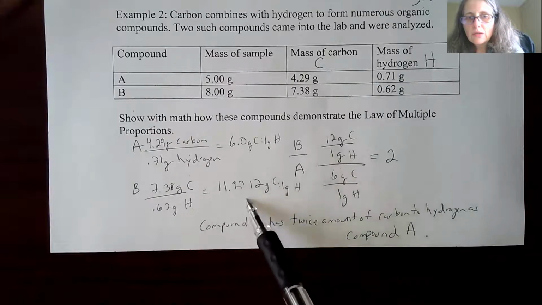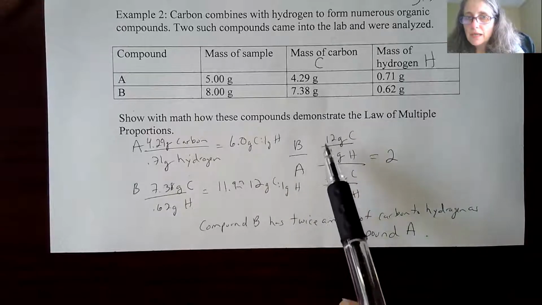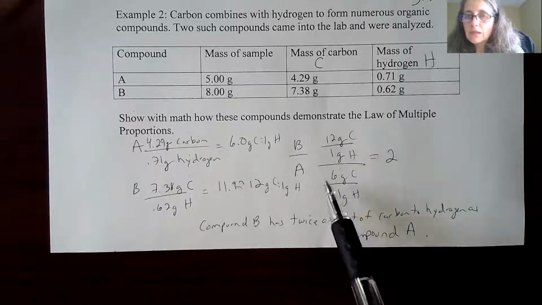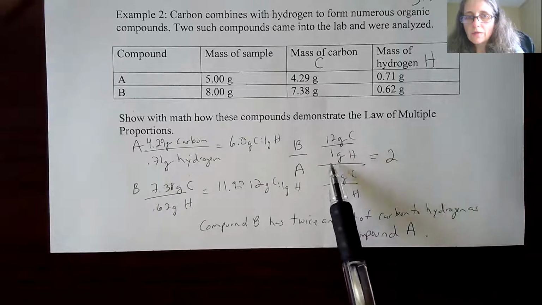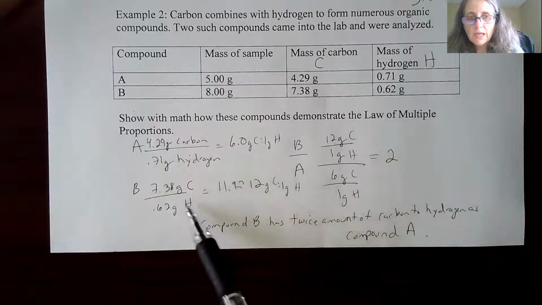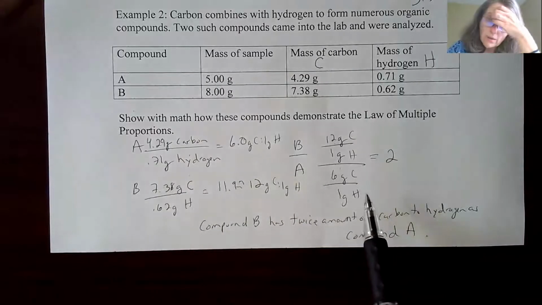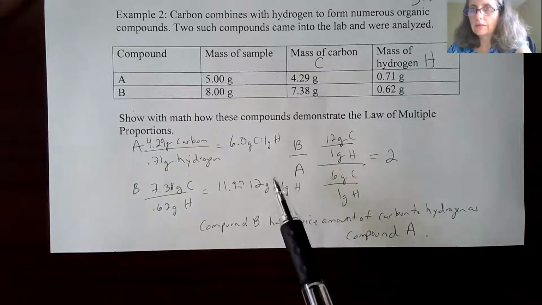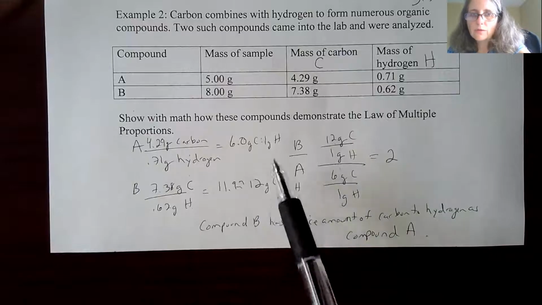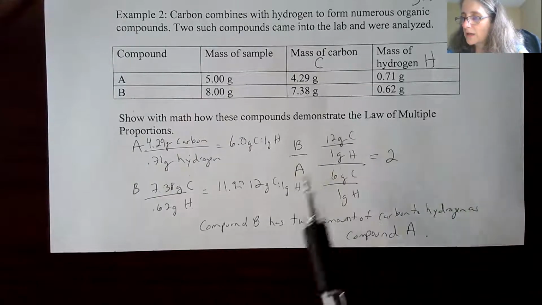So again, I always suggest you take the bigger number and put that on top, just because it's easier for you to make a statement, which I want you to do. So you're going to put 12 grams of carbon over 1 gram of hydrogen, that ratio. So I'm going to take the ratio for B compound, and I'm going to put it over compound A to get a number of 2, which again, you can figure out pretty quickly by 12 versus 6. So the statement I want you to make is as follows.